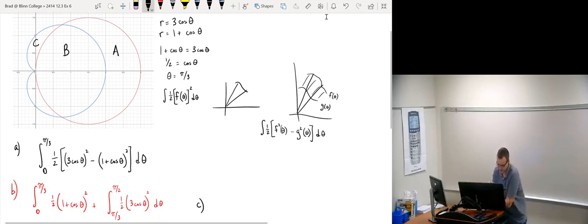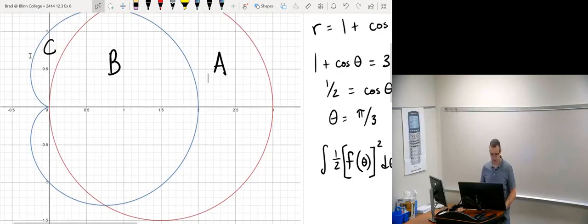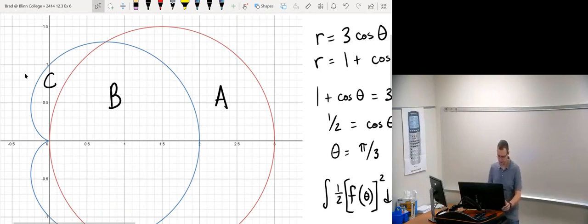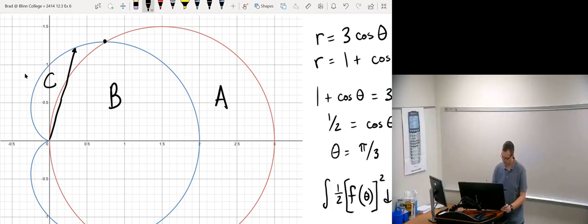Let me zoom in. So for C, that shaded area, it's between two curves from pi over 3 to pi over 2.